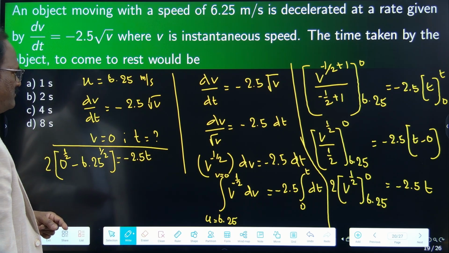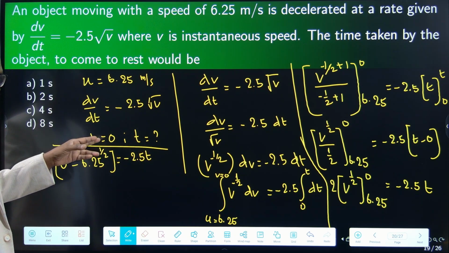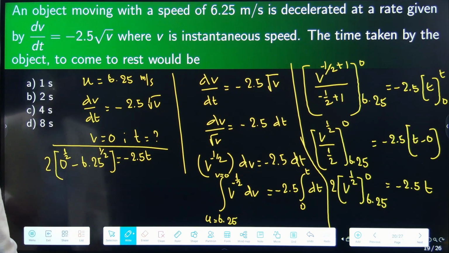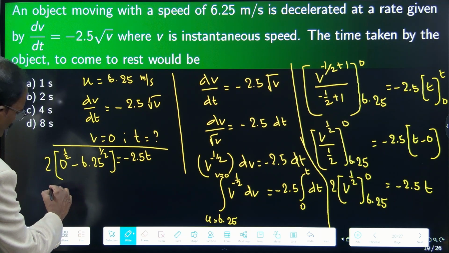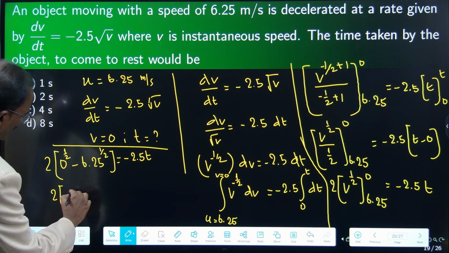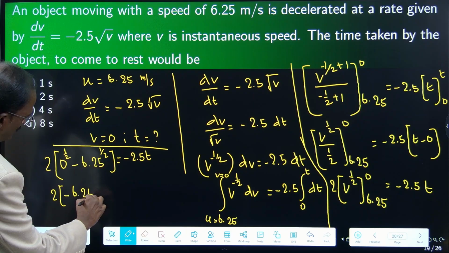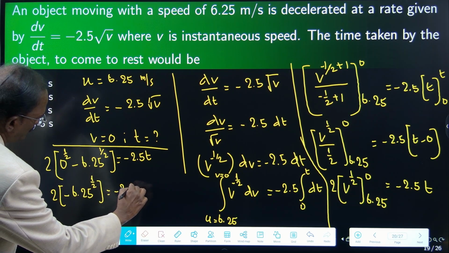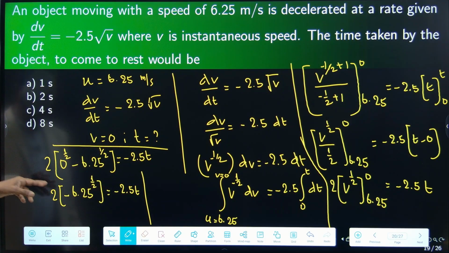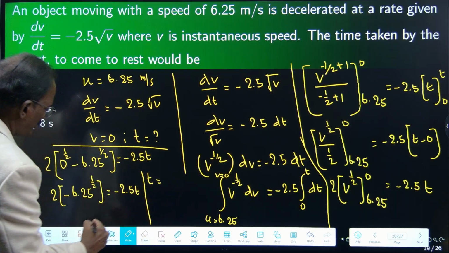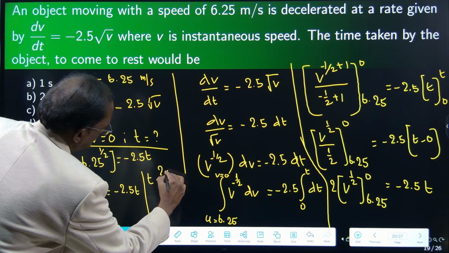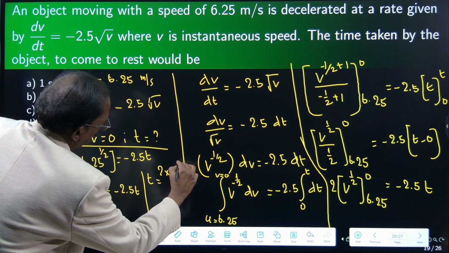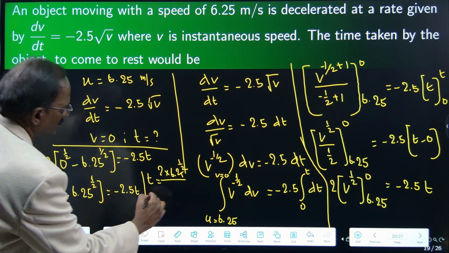We want the time when it is becoming 0. Before that we have simplified it. One more step I am writing: minus 2 times 6.25 power half is equal to minus 2.5 t. So the minus can be cancelled. T we need to find. So t is equal to 2 into 6.25 power half divided by 2.5.